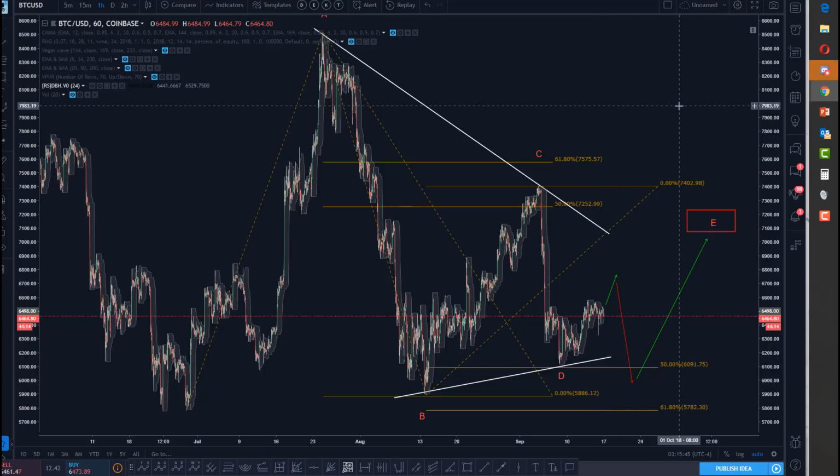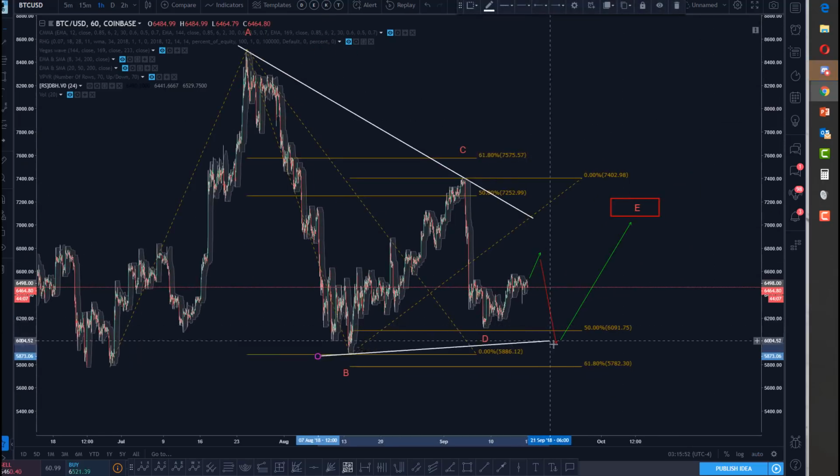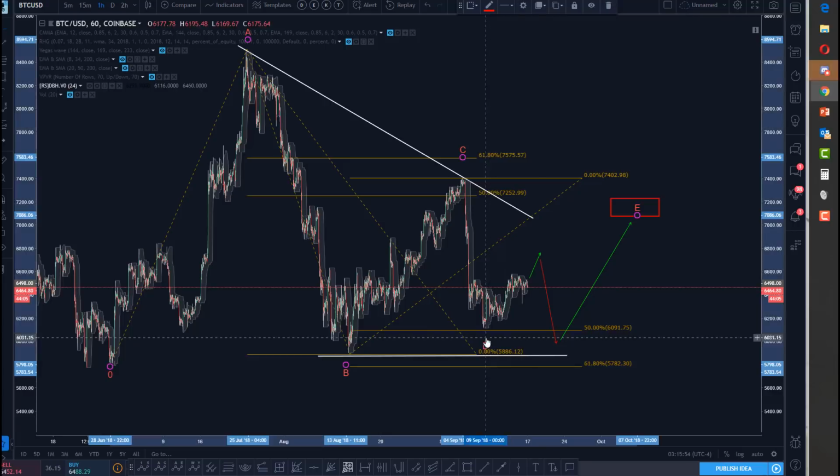So to me, what I think is happening is we're putting in the B leg of the D. And the D's coming down, and it's going to be like a double bottom type of barrier triangle situation.